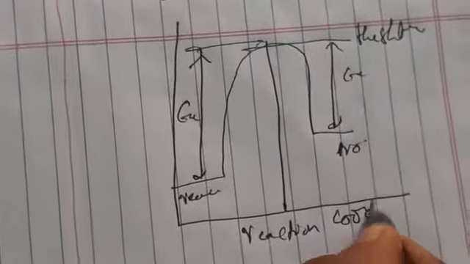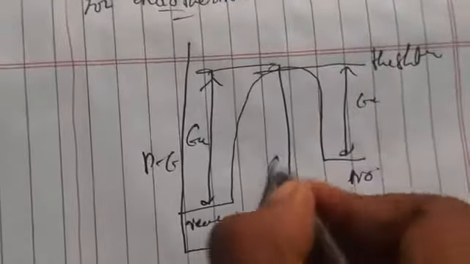This is the reaction coordinate, and this is potential energy. In exothermic, EaB is greater than EaF, meaning this one is greater than this one. Coming to this one, in endothermic reactions the product side is greater than the reactant side. So this is about the collision theory.